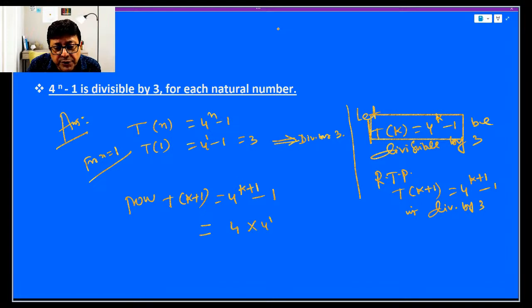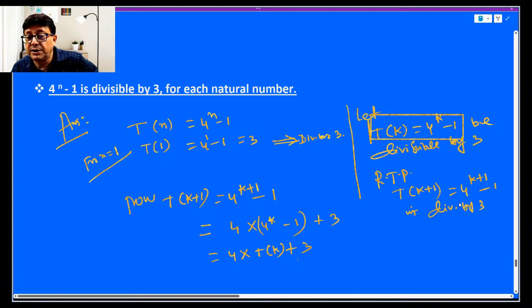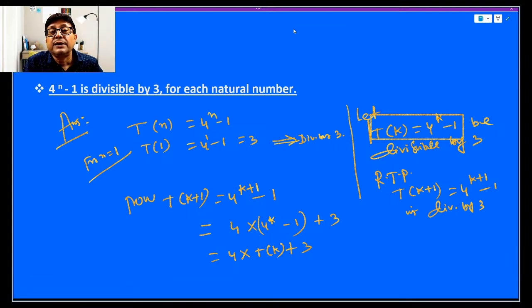You write 4 into 4 to the power k, write minus 1 also. Why? Because I need to get it in terms of Tk, which is 4 to the power k minus 1. So you write plus 3. So this is 4 into Tk plus 3. What is our assumption? That Tk, I mean this part, is divisible by 3.